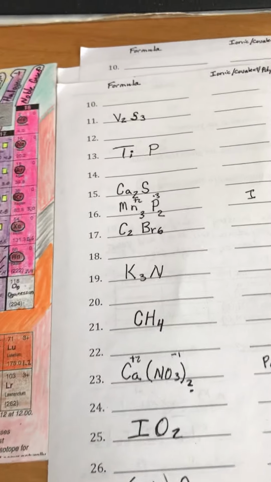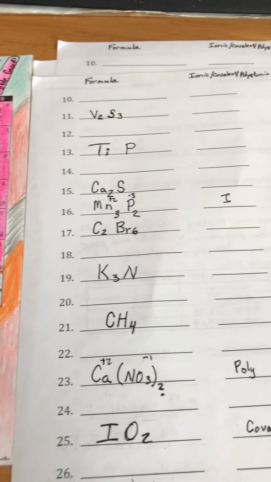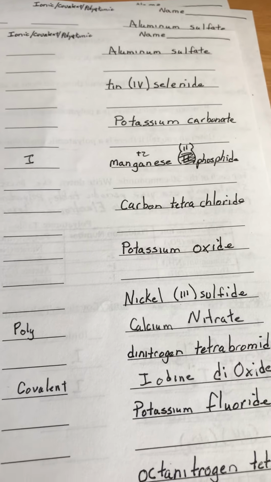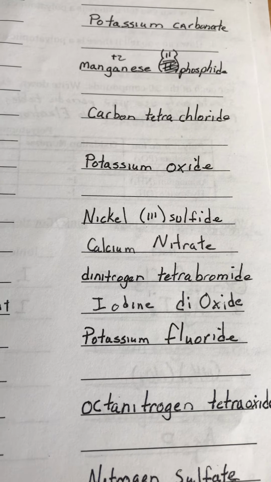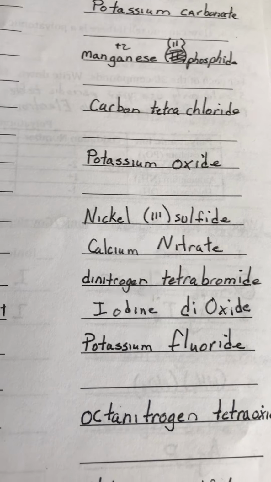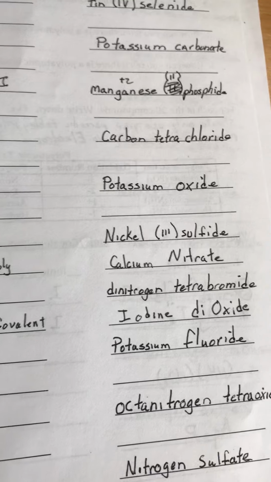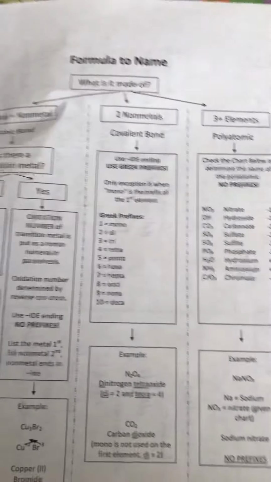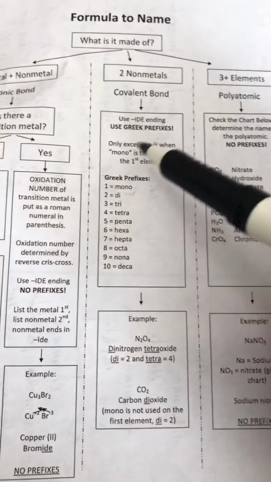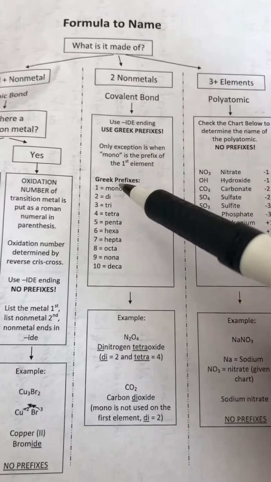Following the rules on our flow chart, which says that if it's covalent, then we need to use the Greek prefixes. Those directions come from the flow chart, which was this thing. So again, we have covalent, so 2 nonmetals.